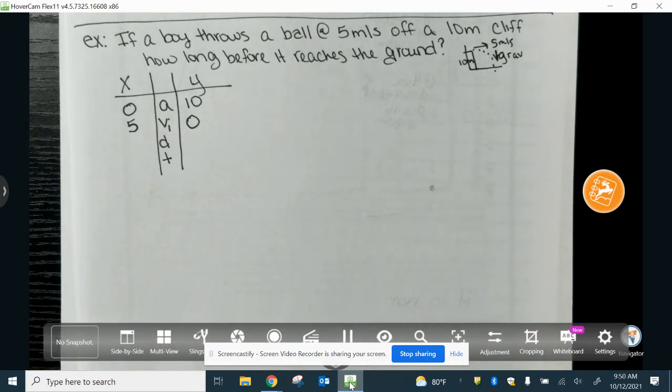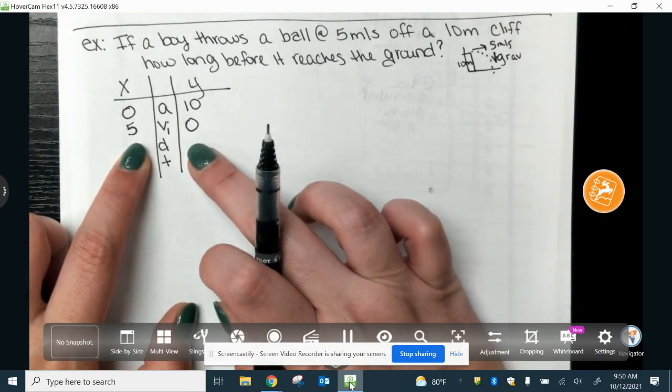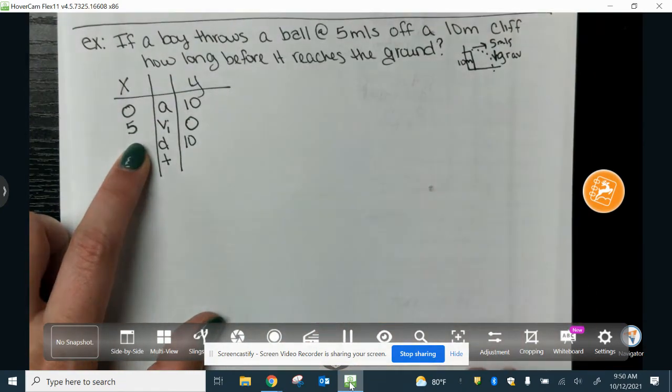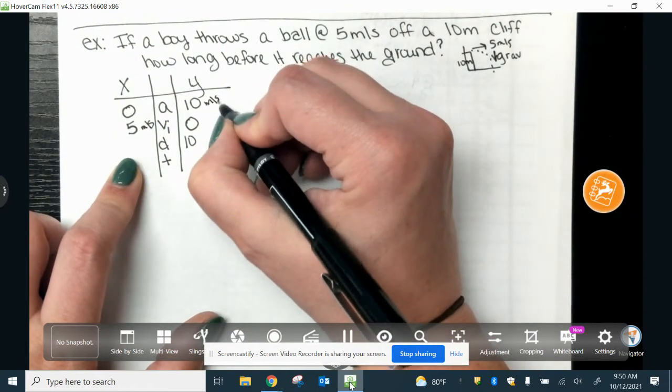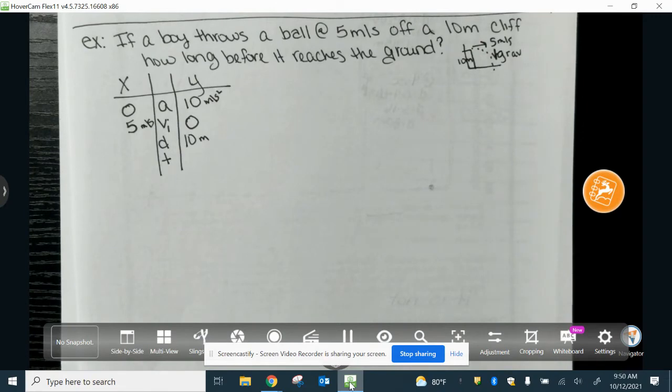If it's 10 meters high, is that in my x direction or my y? Y. Let's go ahead and put my units. That's all I know from the problem.